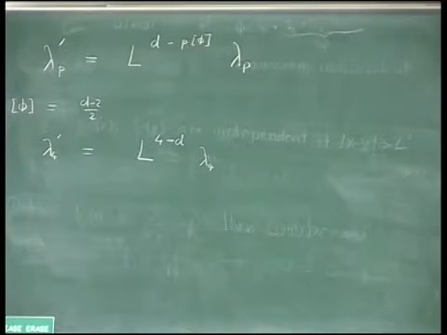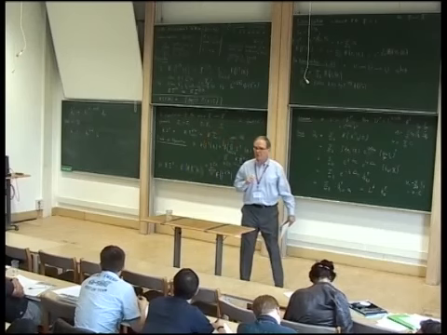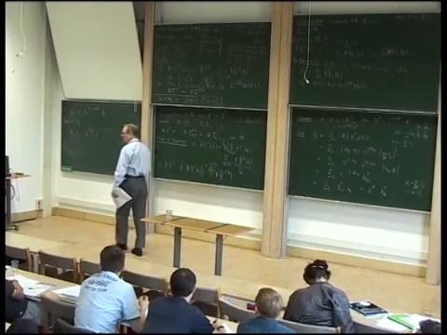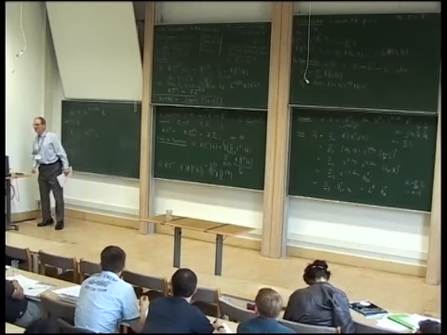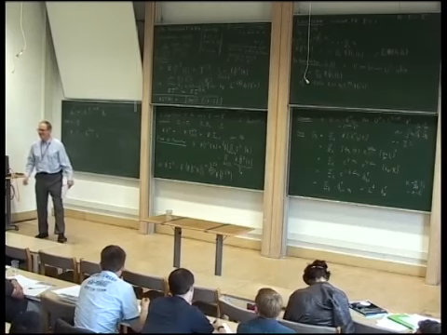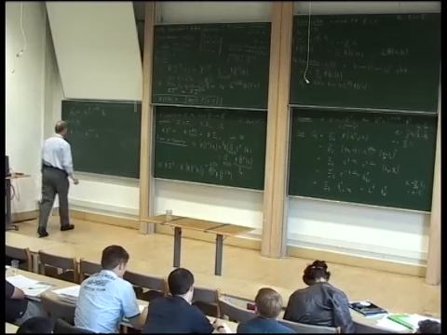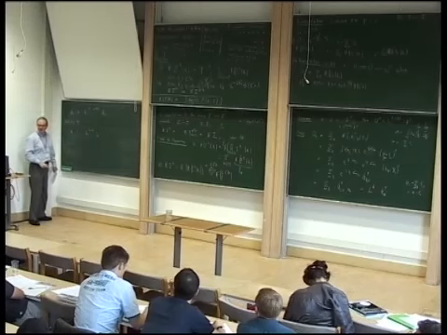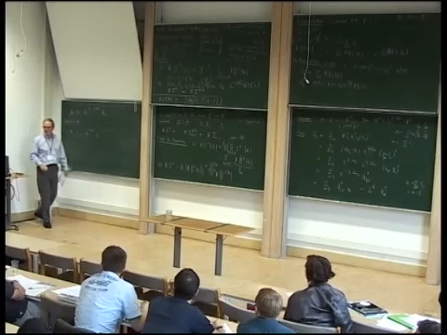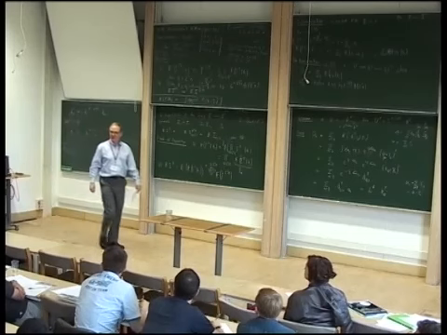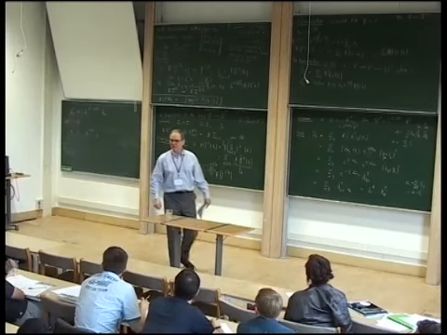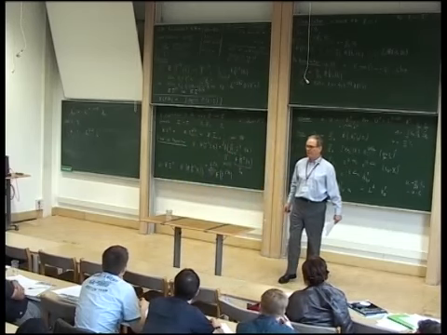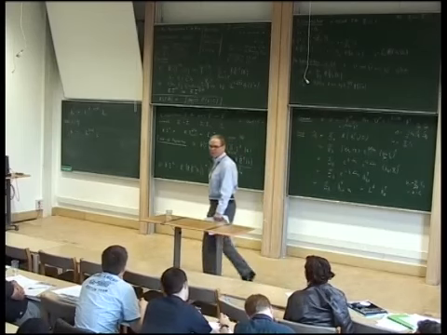So now we see the great significance of 4 dimensions in theoretical physics. We didn't know it before. If d is bigger than 4, this thing will die under the renormalization group. If d is smaller than 4, it will grow under the renormalization group, meaning that problems in 3 dimensions and certainly 2 dimensions are, from the point of view of the renormalization group, much more difficult than problems in more than 4 dimensions.